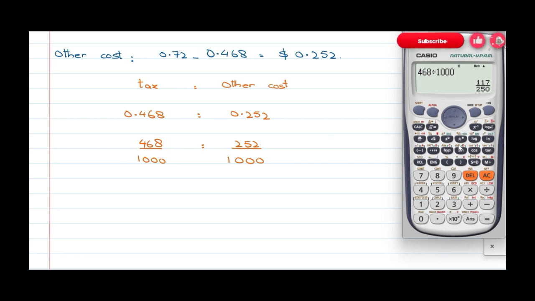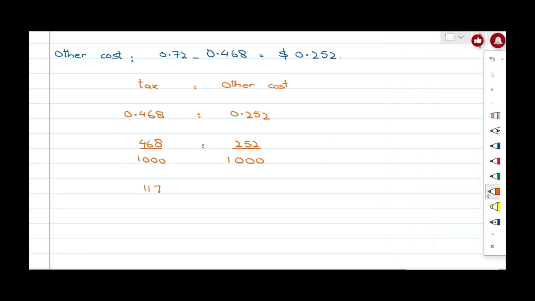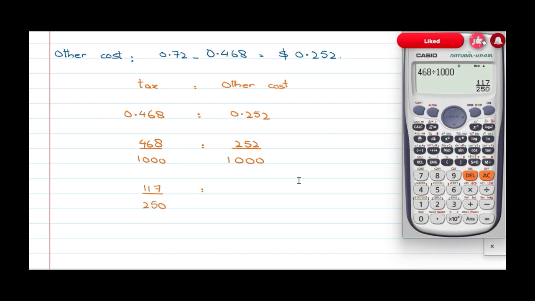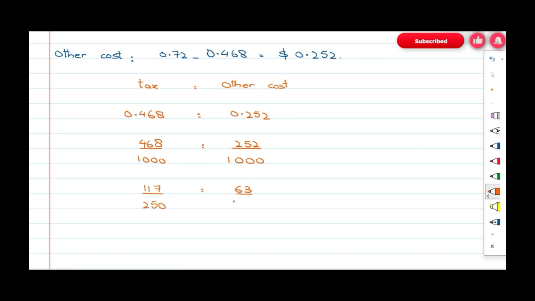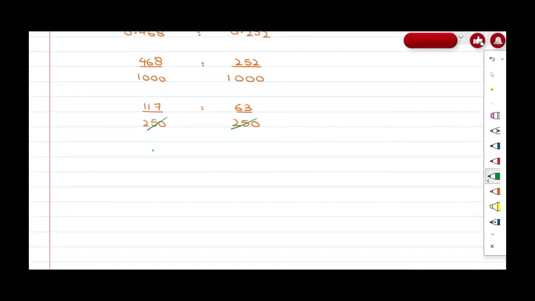This is 117 over 250. And what is 252 over 1000? That is 63 over 250.